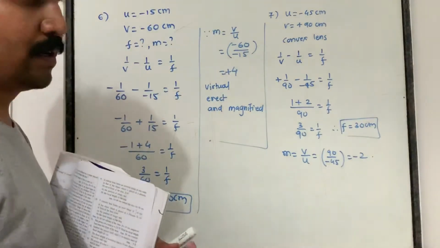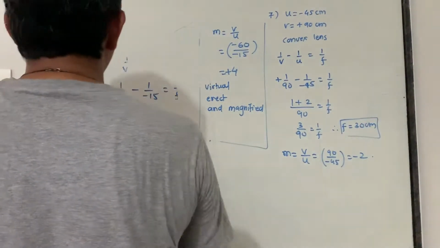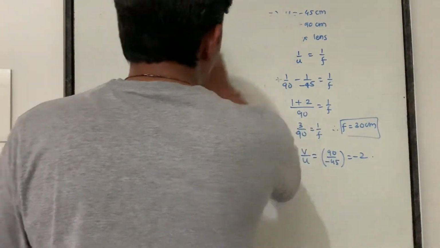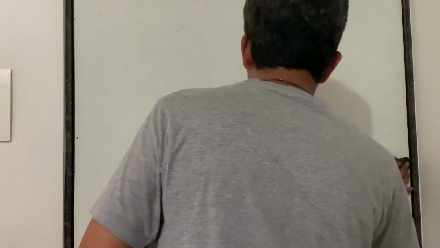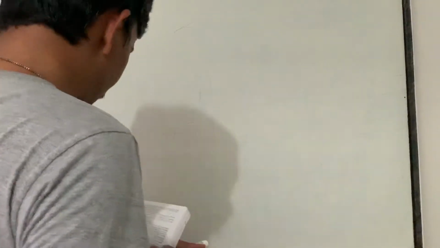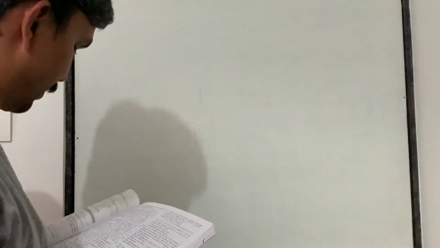Right? Now we'll go with the next sum, that is 8th. Check. In 8th sum, an object is placed at a distance 20 centimeter in front of a concave lens of focal length 20 centimeter, right?